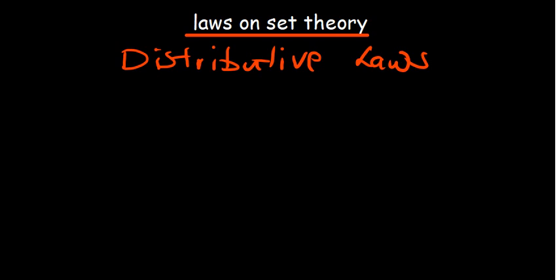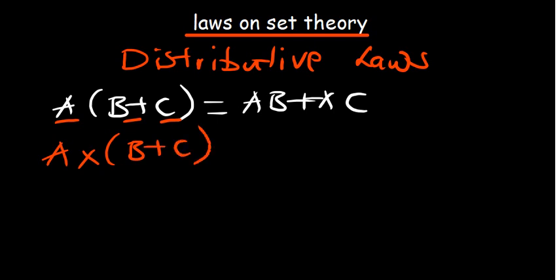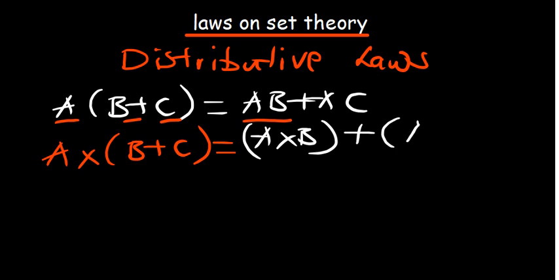If you have A multiplied by (B plus C), this is the same as AB plus AC. So I can expand this by multiplying A with what is in the brackets. AB is A times B, then AC is A times C. We're able to see that.